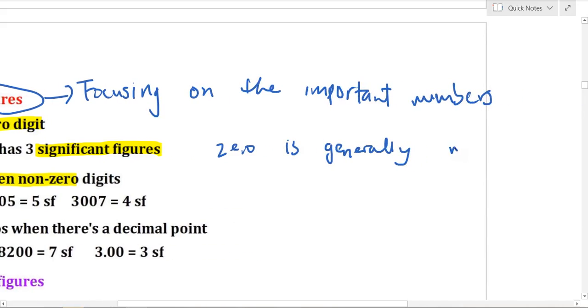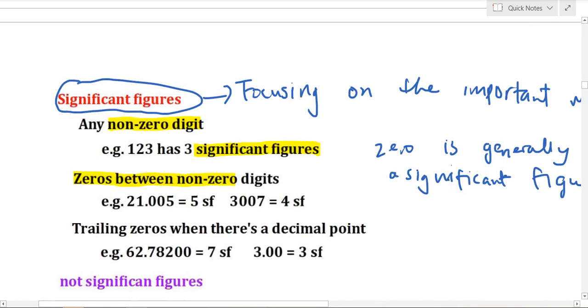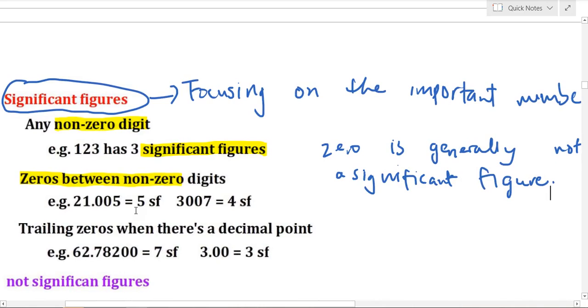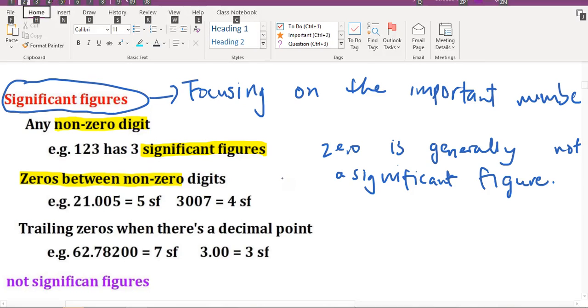So not a significant number. But you have to keep in mind these rules as well. So 0 can only be significant if it's between non-zeros. Between a non-zero figure, like a 1, 2, or 3.